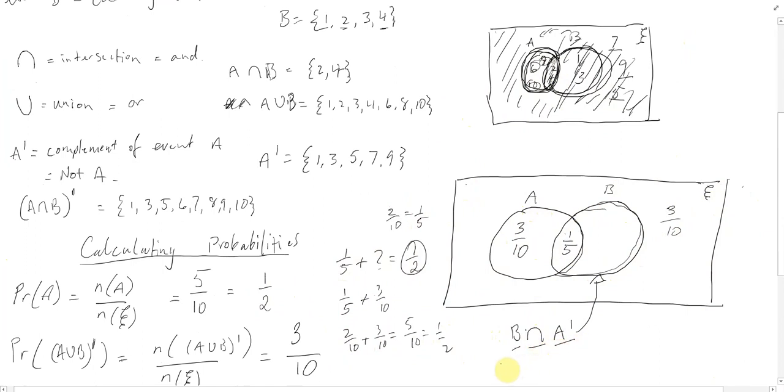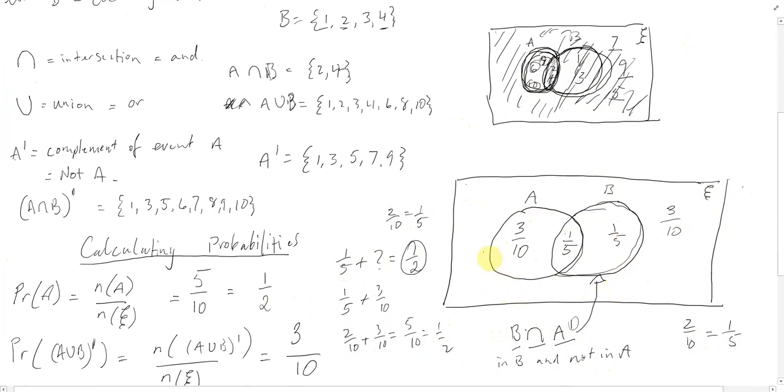So in B and not in A is a way to write that in words. So this complement means the not. In that zone we've just got a 1 and a 3, so that's 2 out of 10, which of course simplifies to 1 over 5.